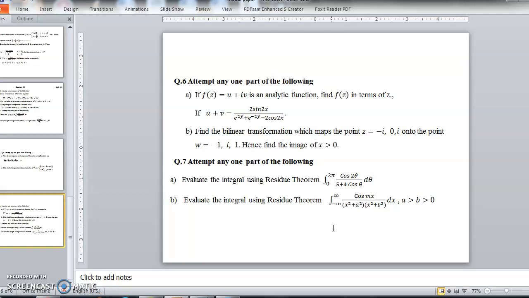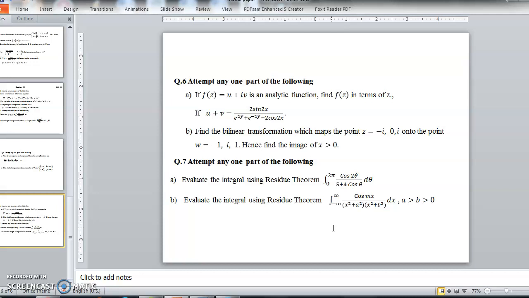And in the next question, find the bilinear transformation which maps z equal to these 3 points into w. In this question, we will apply the cross ratio, and the cross ratio is (z minus z1) upon (z1 minus z2) into (z2 minus z3) upon (z3 minus z), that is equal to (w minus w1) upon (w1 minus w2) into (w2 minus w3) upon (w3 minus w).